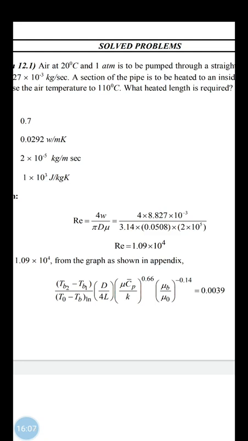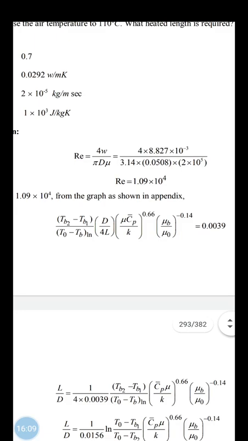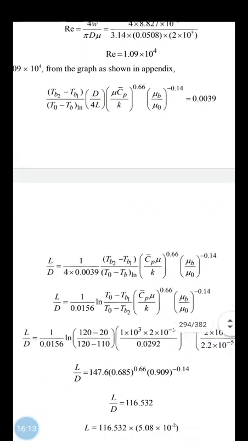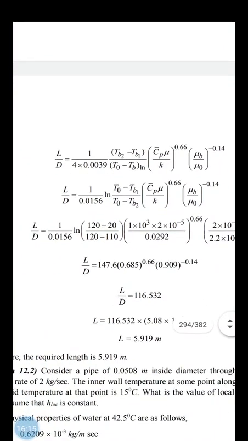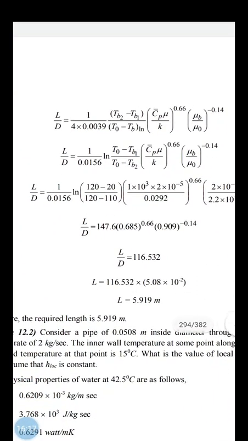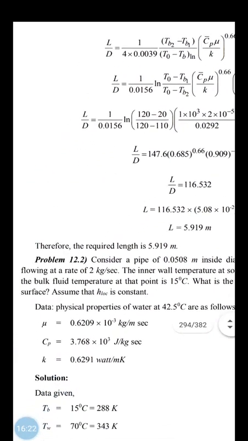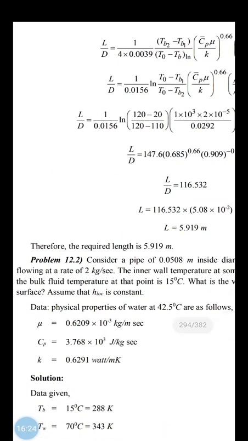This is the value obtained from the graph, and once you get it, you can solve this whole equation and find out the L by D. Once you find the L by D ratio, you can put in the value of diameter and find out the length of the required pipe, and this length will be 5.919 meters. So this is how, with the help of the graph, you can find out the pipe length.